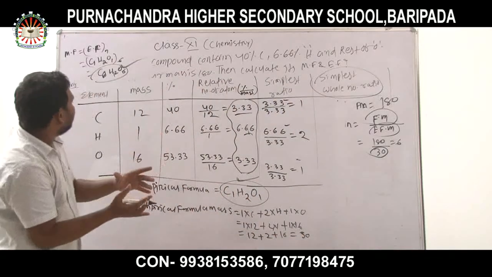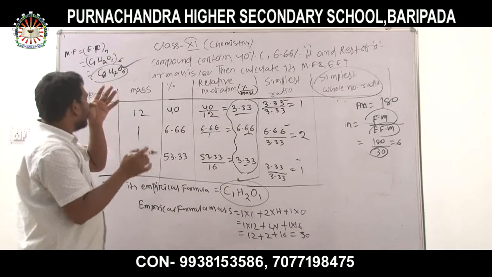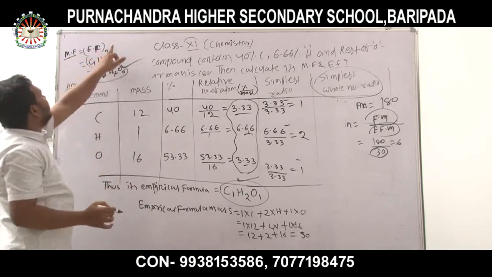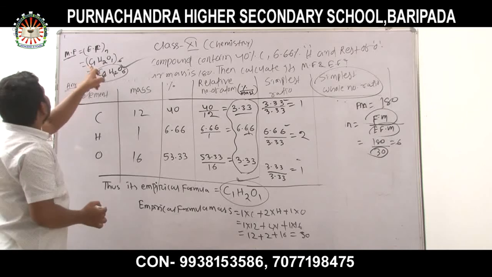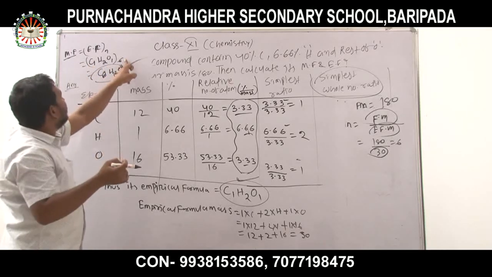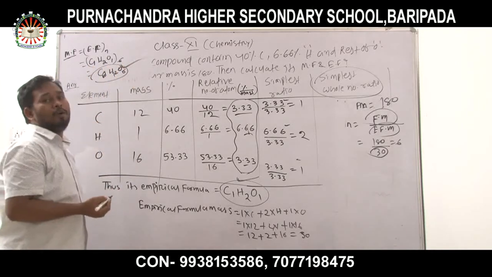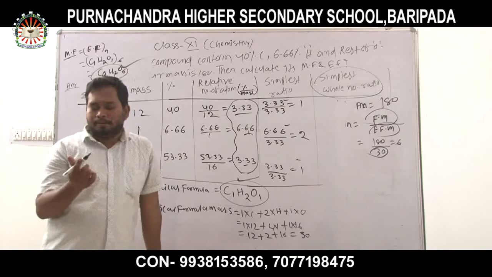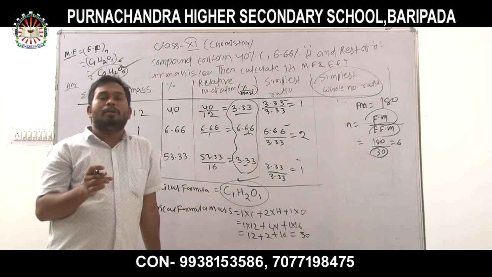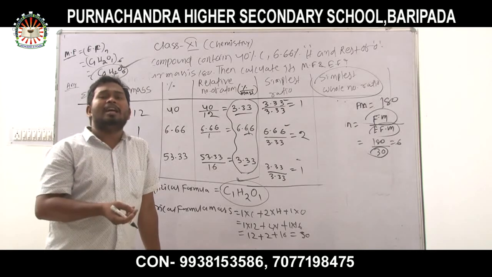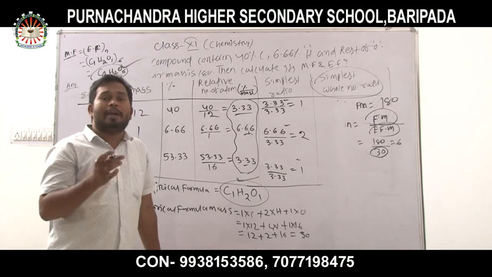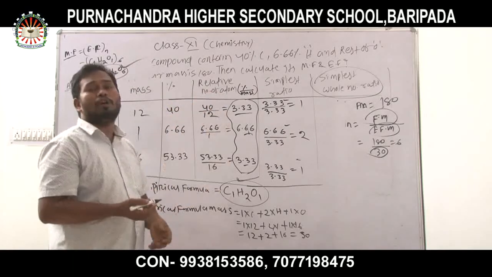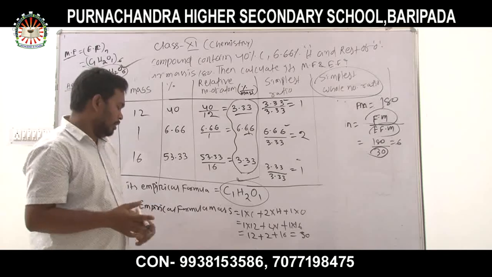Thus, from the relation, molecular formula equals empirical formula into n. The empirical formula C1H2O1 multiplied by 6 is C6H12O6. This is how we calculate the empirical formula and molecular formula of a given compound. Also, you can calculate in a similar way for other compounds given as questions.